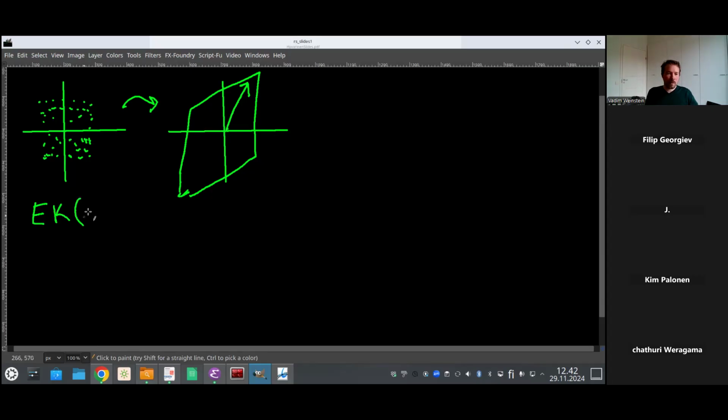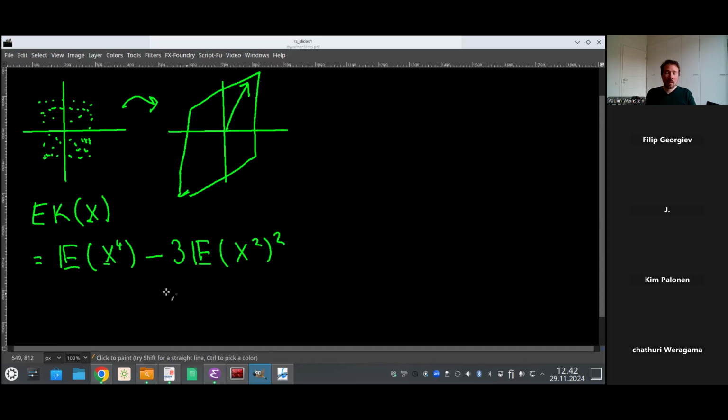Let me just remind you, excess kurtosis is from the last lecture. It is defined using the fourth moment, so it's the expected value of the fourth power, and we normalize it by subtracting three times the variance squared.